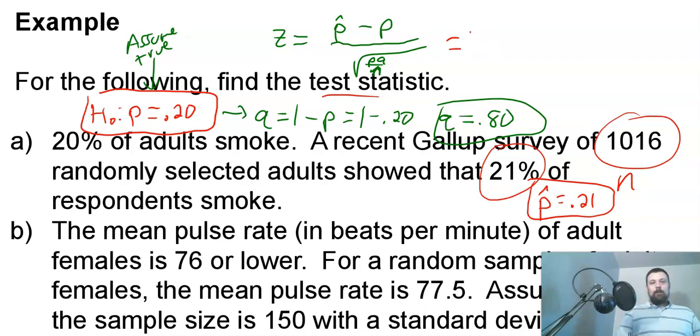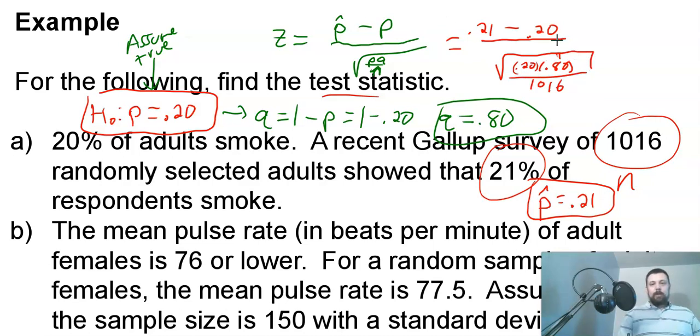Plug in the numbers we have just identified. p hat is 0.21 minus p, which we're assuming to be 0.20, divided by the square root of p, which is 0.20, times q, which we calculated as 0.80, divided by n, which is 1,016.